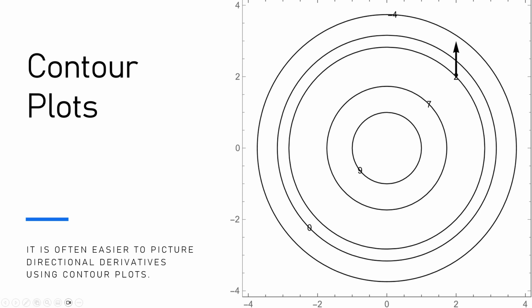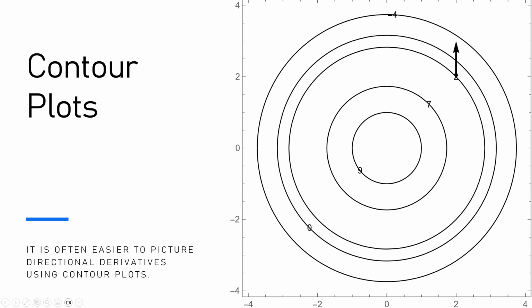So if I walk in the j direction, the values of the function are going down, so the directional derivative would be negative. We'll also see in class how we can estimate this based upon how far we're changing in this direction and how much the function itself changes. We can estimate those values of f of v plus hu minus f of v, over h. So we can get an estimate from these contours as well.